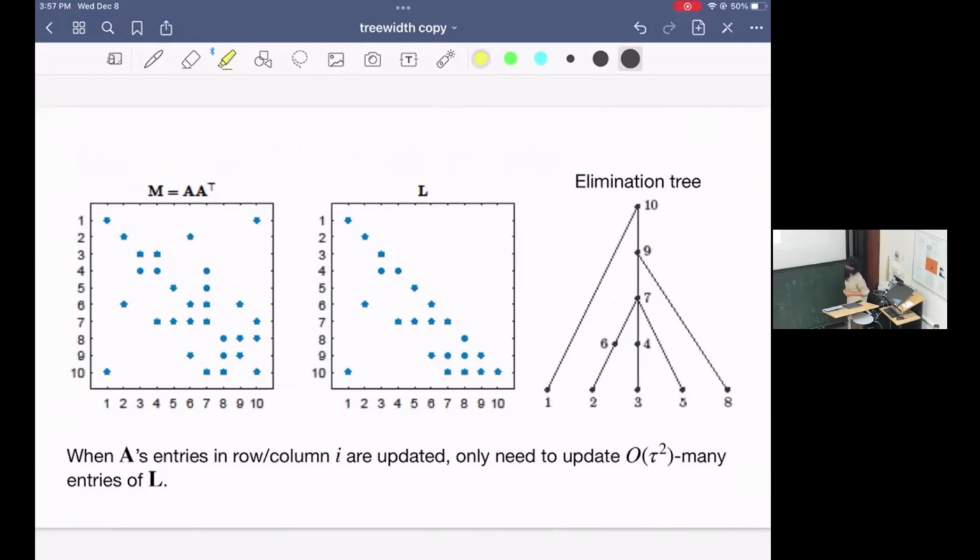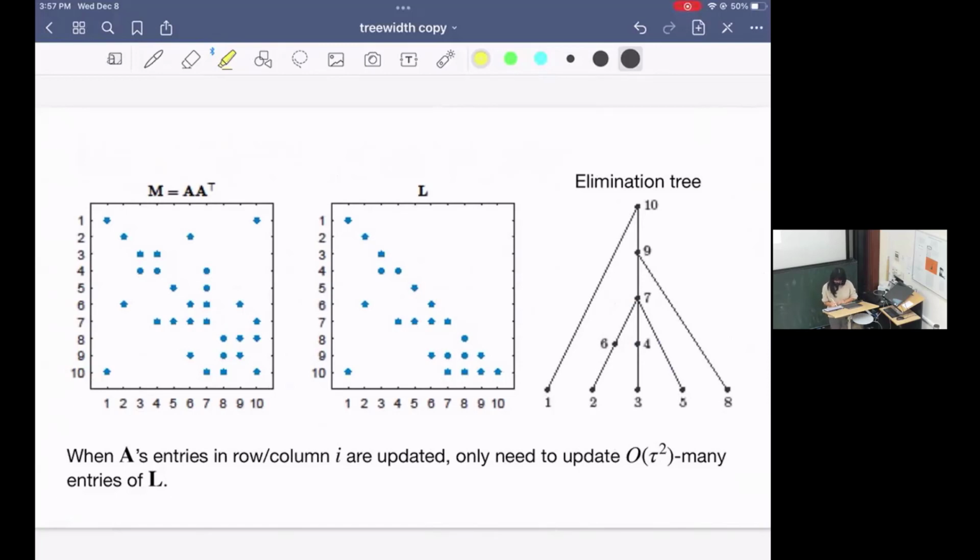Okay, right. So basically, what happens is when A's entries in row i are updated, which means that M's entries in row and column i are updated.